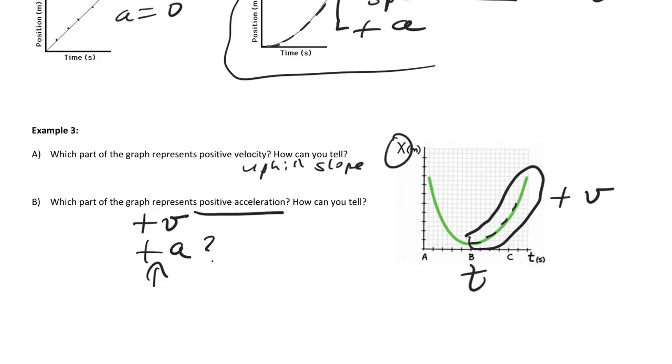So acceleration would have to be positive because if the speed's increasing, these have to be the same sign. So we also have positive acceleration on that side. Now, do we have positive acceleration over on the left side? Let's just check.